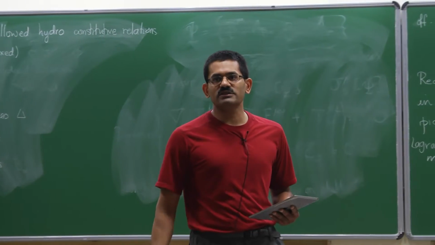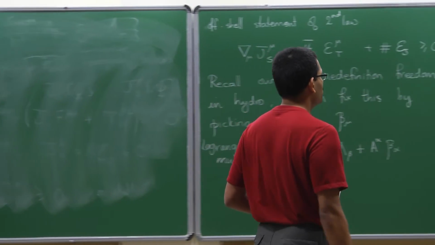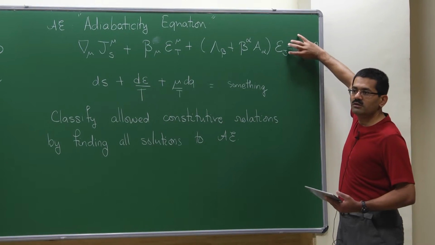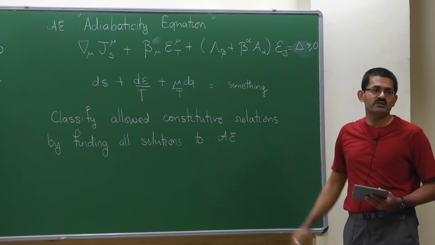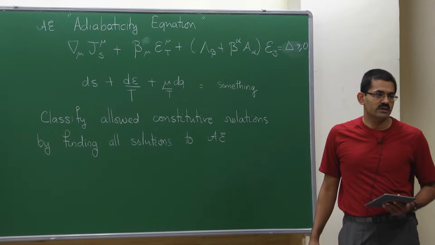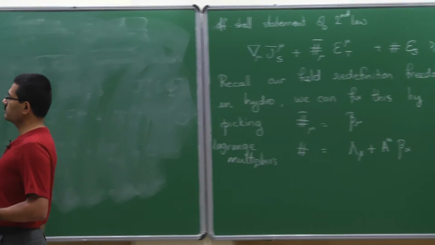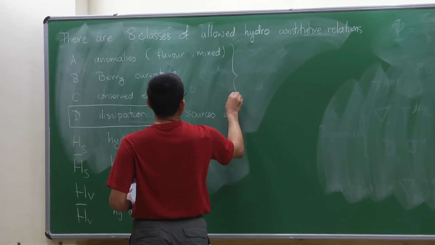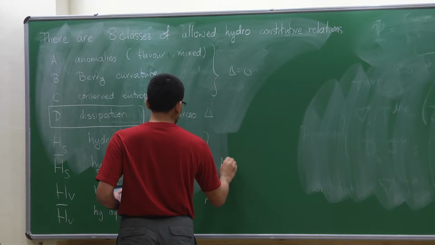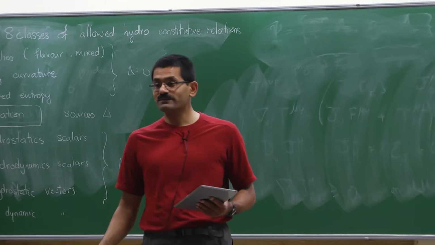The remaining 7 classes don't source delta, by which I mean that this combination identically vanishes in the remaining 7 classes. Off shell.